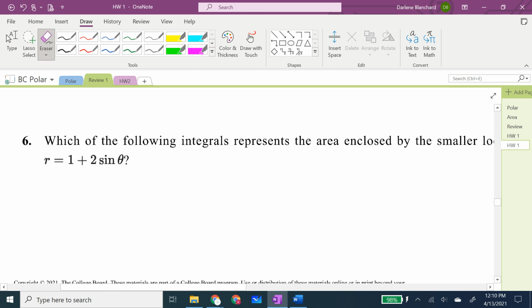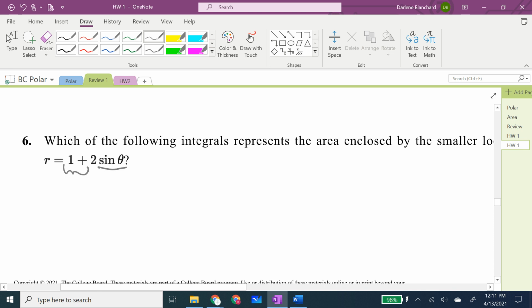What you want to remember is, if you see a sine or a cosine function and you notice that you have addition or subtraction, as long as that theta is not multiplied by a number, you have a limacon.